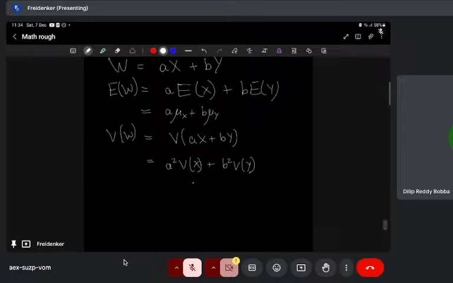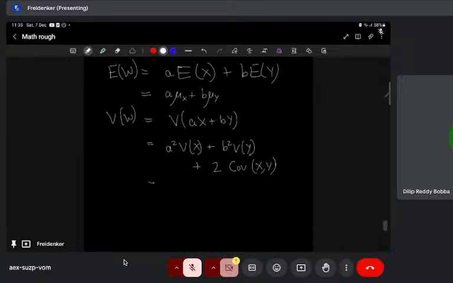The extra term is plus 2ab times covariance of x comma y. Variance of x, we know, is sigma square x. Variance of y, we know, is sigma square y, plus 2ab times covariance. We've just seen that covariance is nothing but correlation times the standard deviations of x and y.